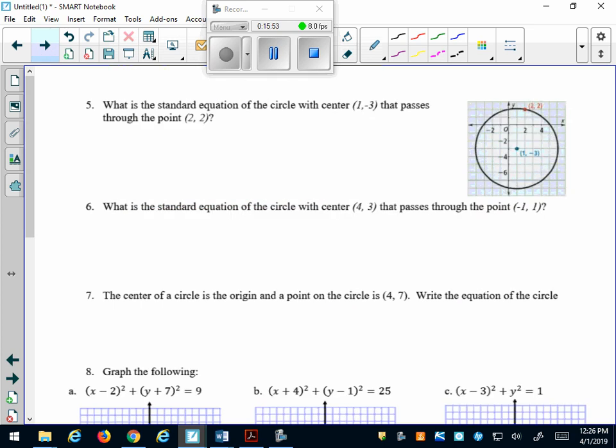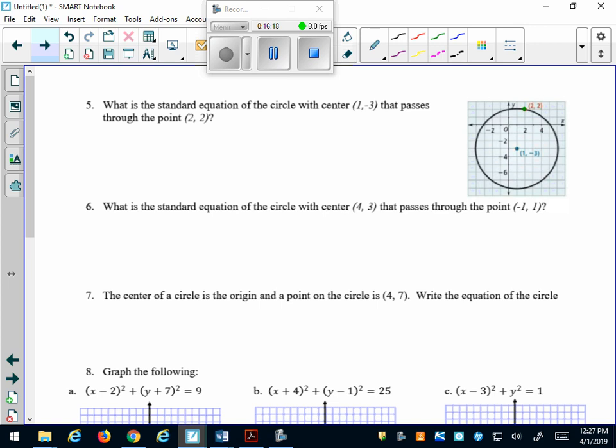Okay, so now this next question gives us the center, but does not give us the radius. We need the center and the radius to write the equation of the circle. So what they do give us is a point on the circle. The point 2, 2 is on the circle. So does anybody have an idea of how we could get this equation?